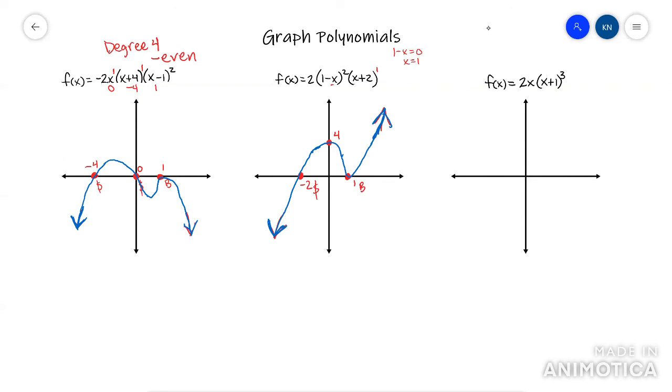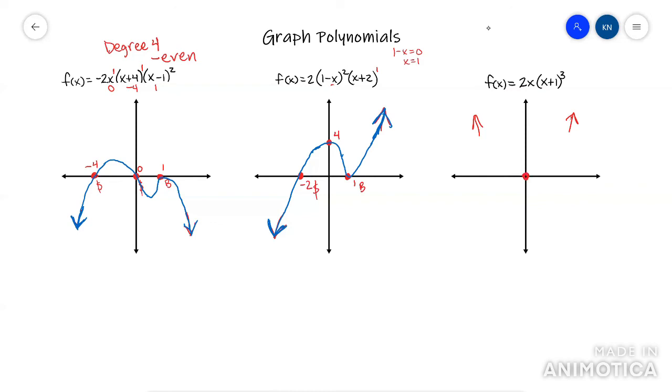This last one, the degree is 4, and it's a positive number in front. So that means my arrows are going to go up and up. Okay, now find your y-intercept. Your y-intercept, if you plugged in 0, you would get 0.